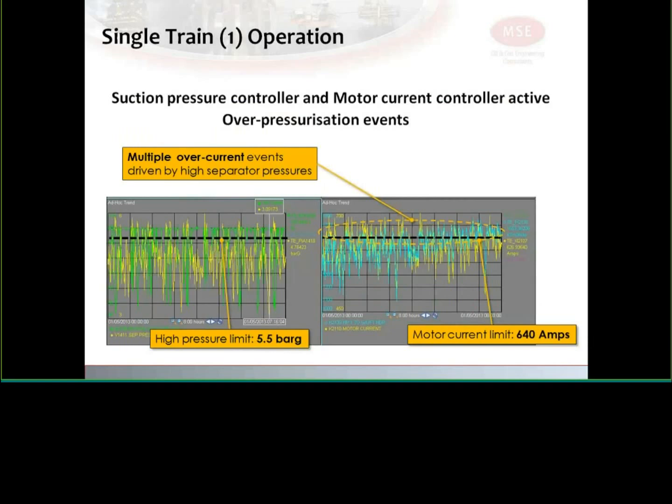we know that there are two modes of operation, so we have to look at both train 1 and train 2 while they are operating in single train mode only. What helps in this situation is that because it is operating in single train mode, there is no load sharing active. It has enough flow to sustain the whole train, and therefore it doesn't have to be recycled.